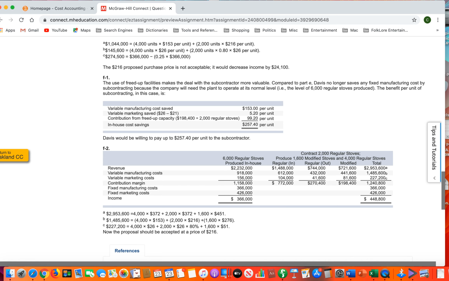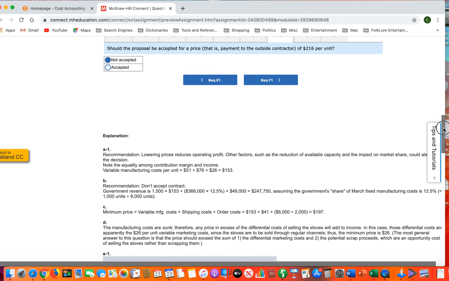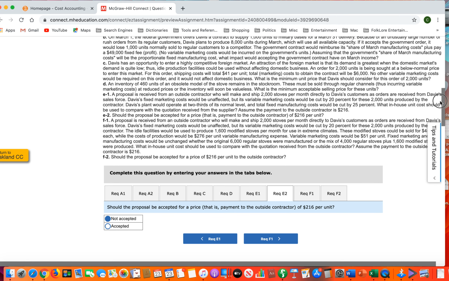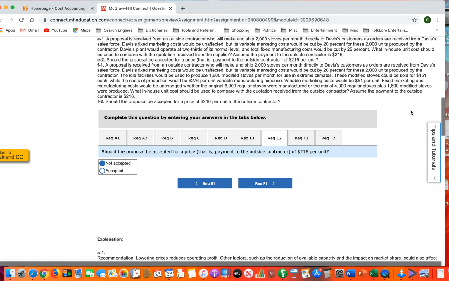And my example was, let me see if I can do it their way using their numbers. F1. Okay. Proposal received for 2,000 stoves, and then that will free you up to make 1,600 modified stoves. So what I did is I took the 1,600 modified stoves and multiplied them by the selling price.